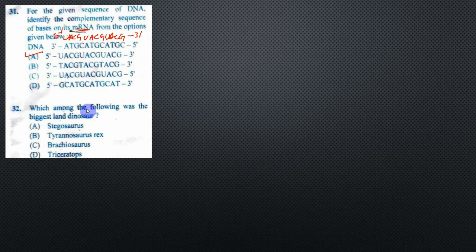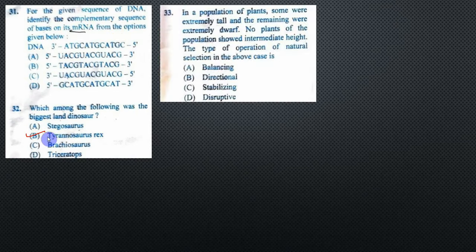So moving on with the next question: which among the following was the biggest land dinosaur? Stegosaurus, Tyrannosaurus rex, Brachiosaurus, and Triceratops. So the answer is Tyrannosaurus rex was the largest or the biggest land dinosaur. Moving on, in a population of plants, some were extremely tall and the remaining were extremely dwarf.